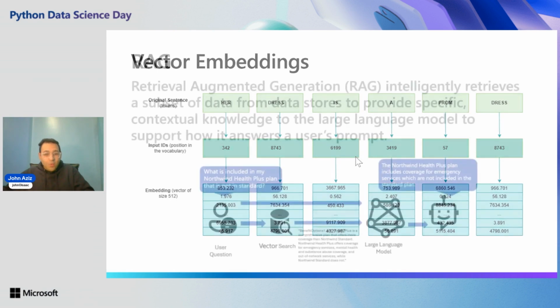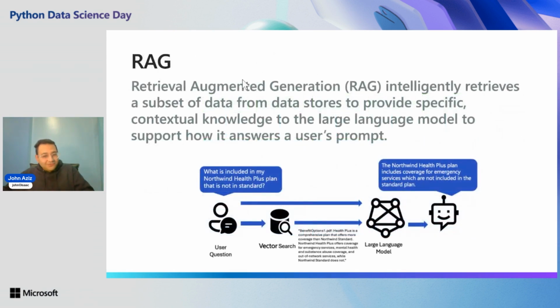Then, RAG. For those of you who don't know RAG, retrieval augmented generation is intelligently retrieving some data with vector search and feeding it to my large language model, which is the ChatGPT model, and making it answer based on this data and only this data using prompt engineering.